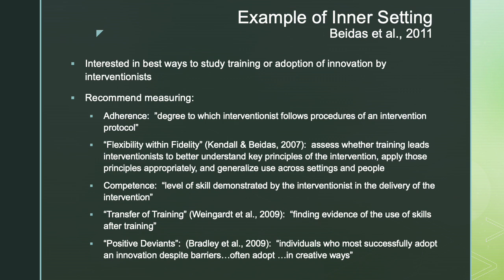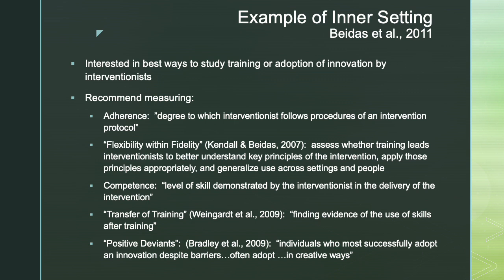Here, we're looking at the skills that are seen within the intervention context, and it's often evaluated at a team level and not just a clinician at a time. Transfer of training refers to finding evidence about the use of the skills that were learned in the intervention in the future in different contexts. And gathering data on how well skills have transferred or sustained over time is quite challenging and an important part of implementation science.